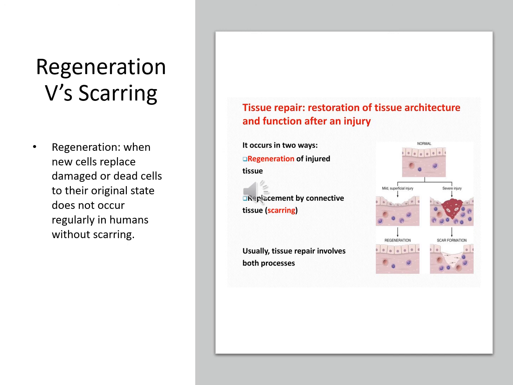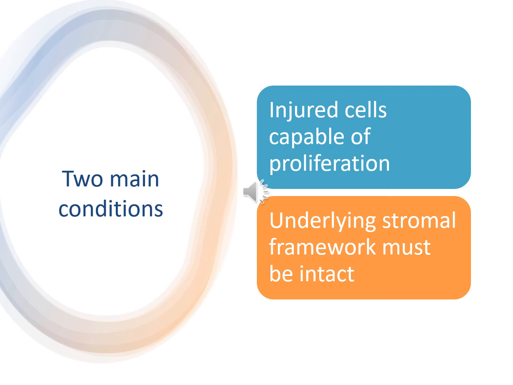If all is well, the scarring will then have new functioning tissue cells replace it. If not, we get a permanent scar. Cells need to be capable of proliferation for this to happen, and there has to be an underlying stromal framework that's intact.